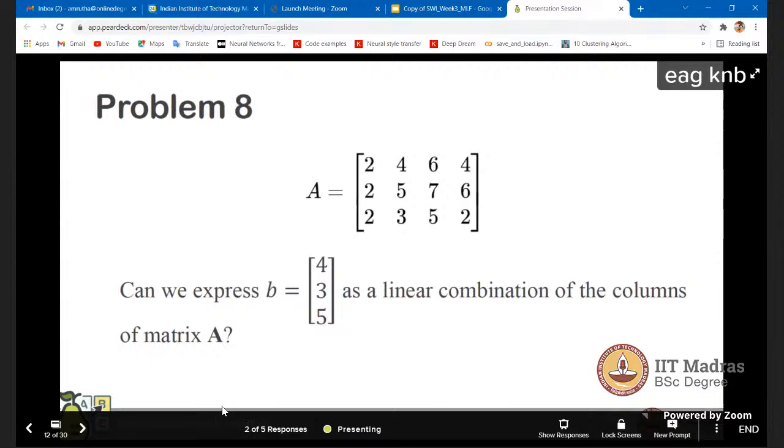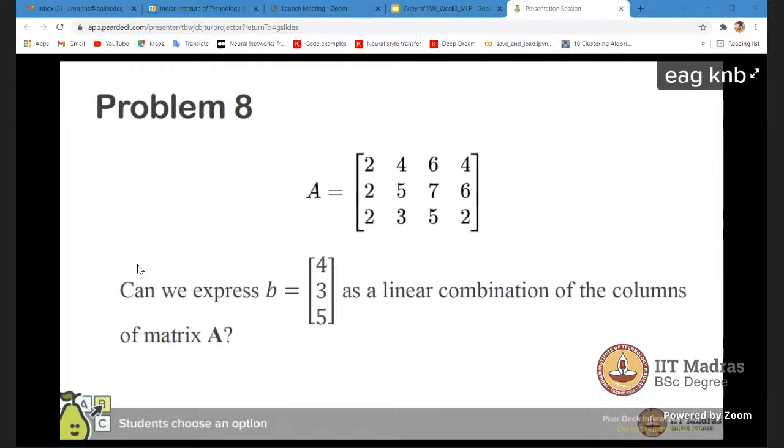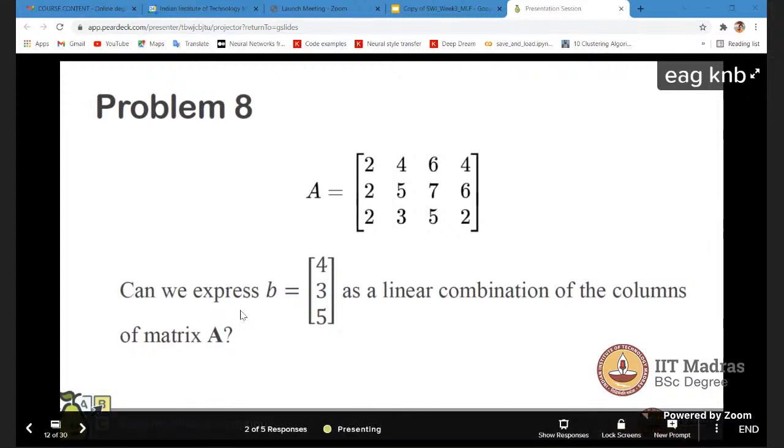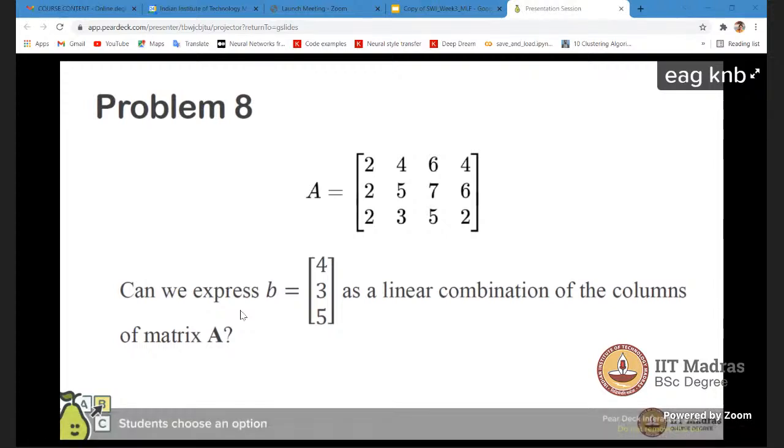Okay. So if you need time, you can take time to solve. We got 2 responses.